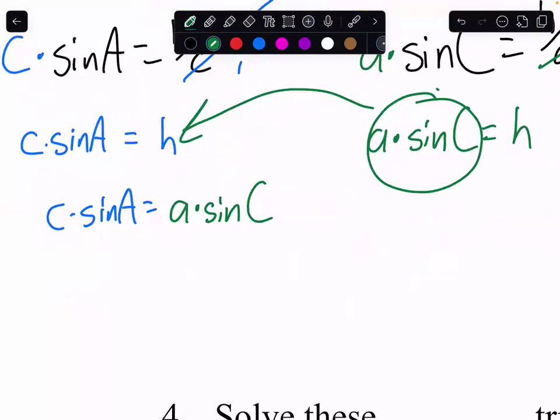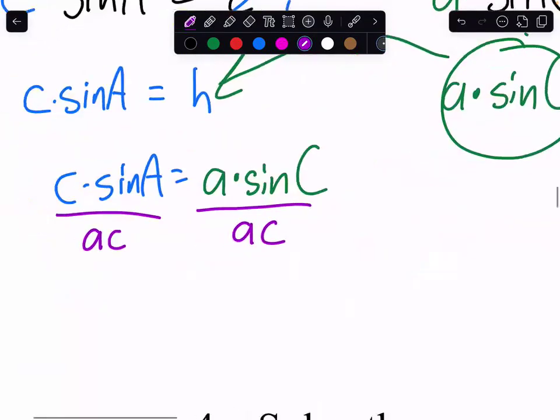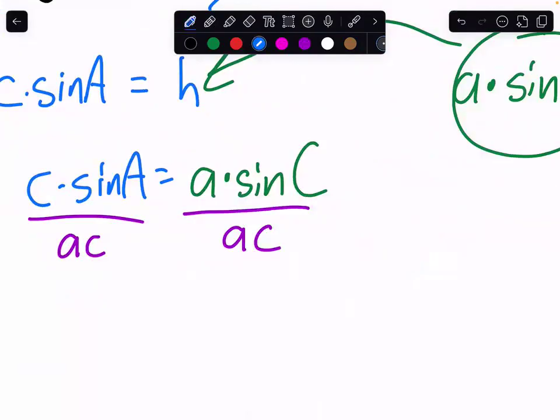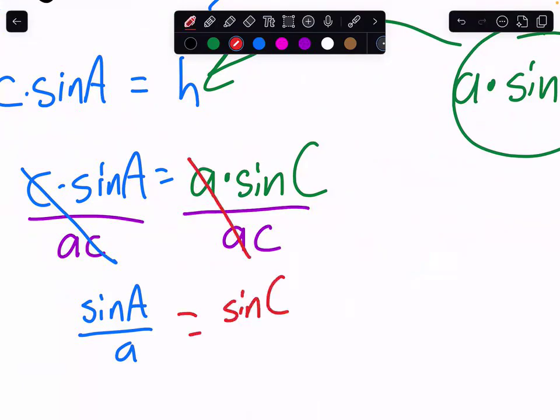Okay, and then lastly, just to get this in a more useful format, we're going to divide both sides by lowercase a, lowercase c. So on the left side, the c's cancel out, leaving you with sine of capital A over lowercase a. And on this side, the a's cancel out, leaving you with sine of capital C over lowercase c.